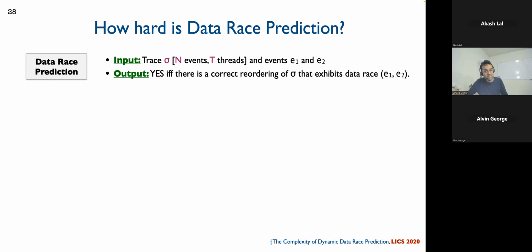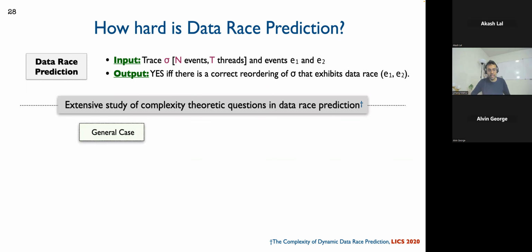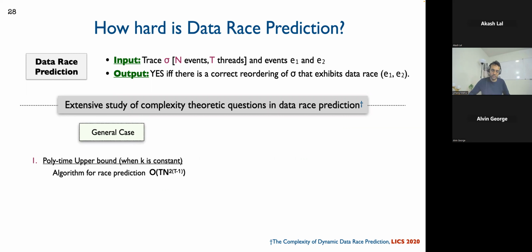In particular, we asked, how hard is this problem? We could of course come up with better and better algorithms, but is there a limit to the best algorithm, or are there fundamental notions of hardness? It turns out that this is an NP-hard problem, and surprisingly, it wasn't known precisely.